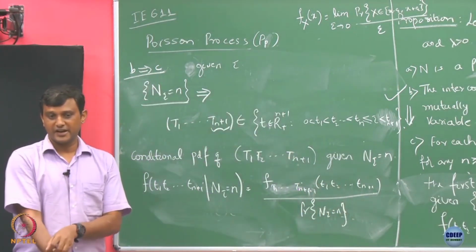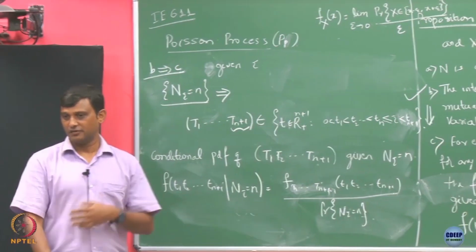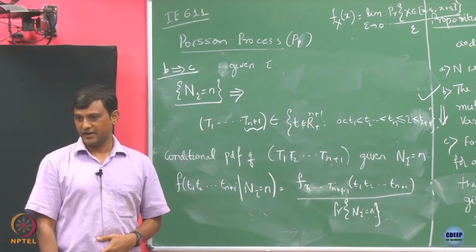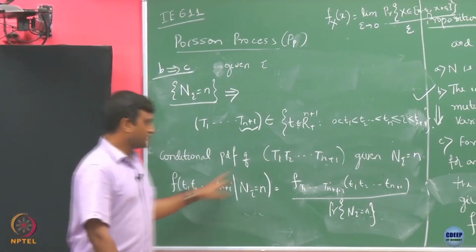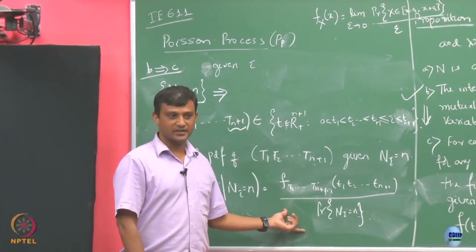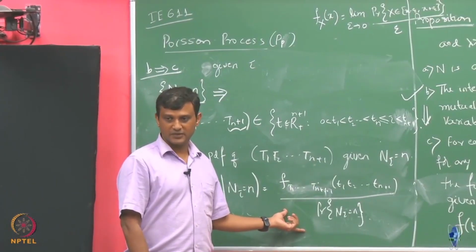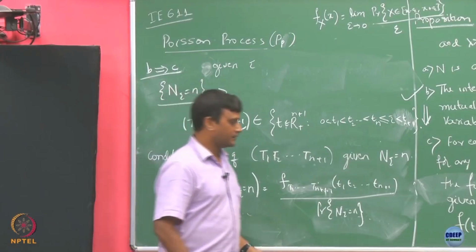I am just trying to use the definition of conditional probability that we have defined earlier. Because of this conditioning, this extra probability is showing up here in the denominator.